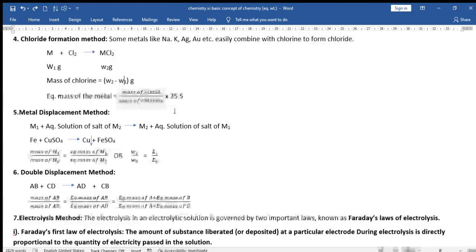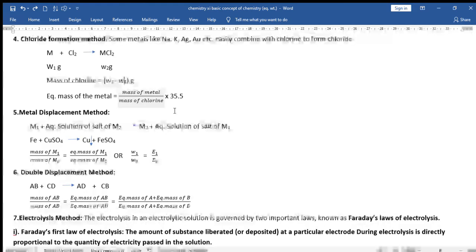Now the next method is the metal displacement method. As we all know, a more electropositive metal can displace less electropositive metals from their salt solution.